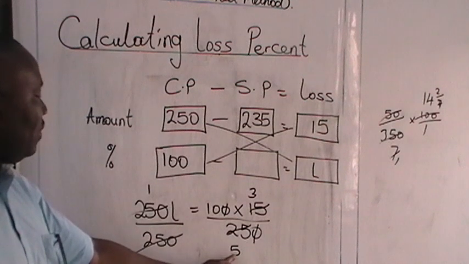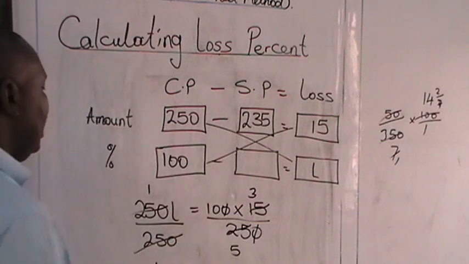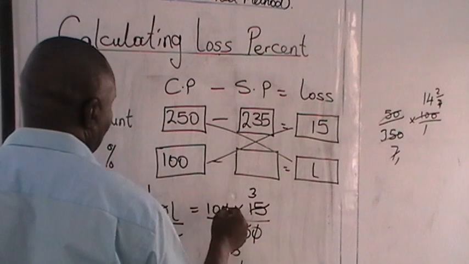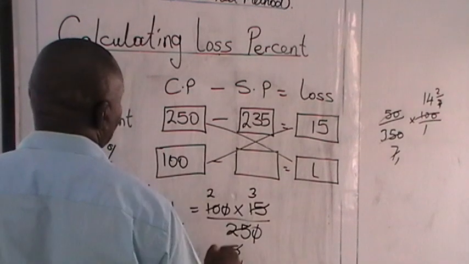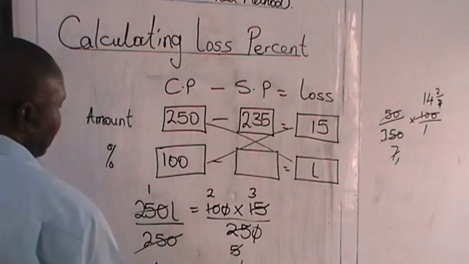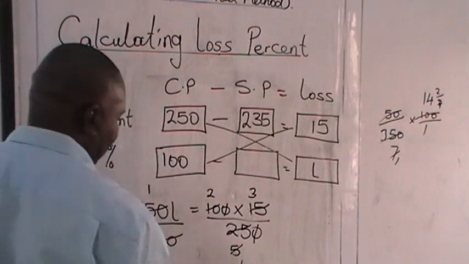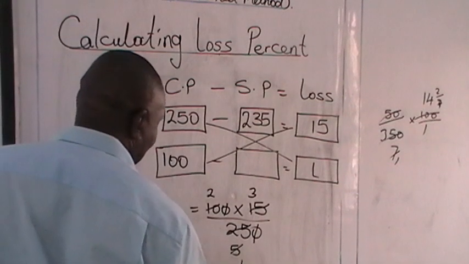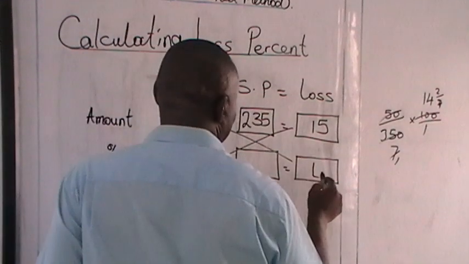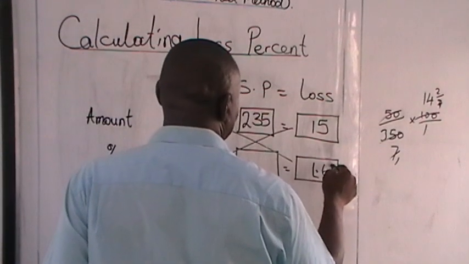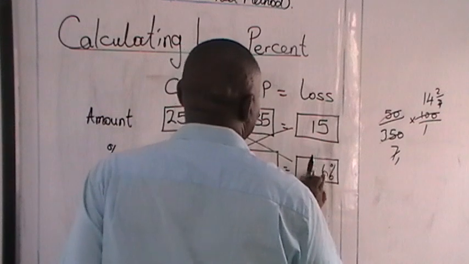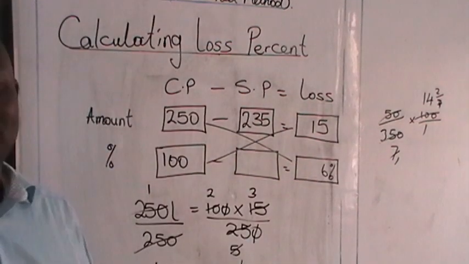Now 5 can divide 5, and 5 can divide 10. Hence, 5 here is 1, and 5 here is 2. 2 times 3 is 6. That is your answer. So here is definitely 6%. Your L is now 6%.